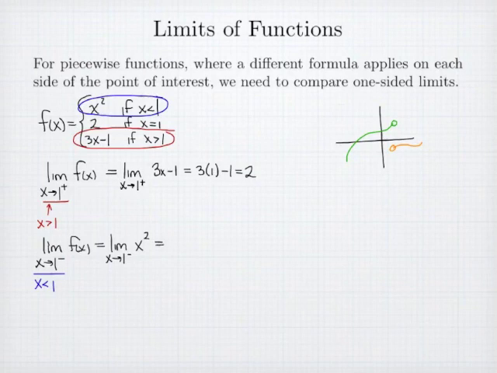X squared is a nice continuous function, so I get to plug in my formula. 1 squared equals 1. The limit on my left is 1, the limit on my right is 2. Notice, by the way, that we never use what happens at x equals 1 for limits.